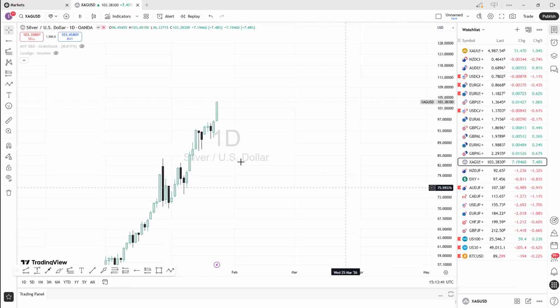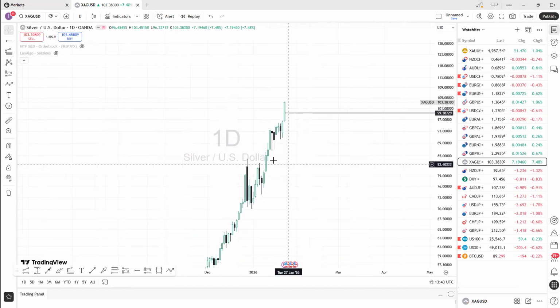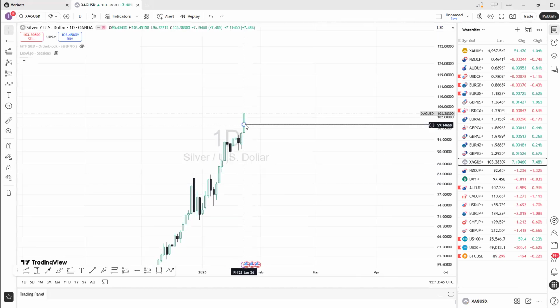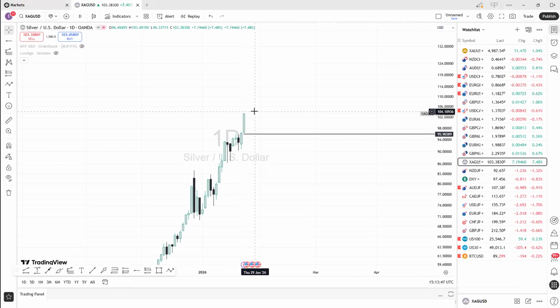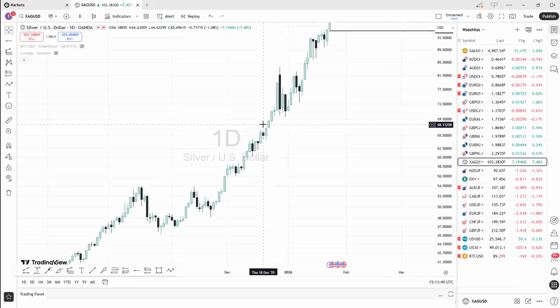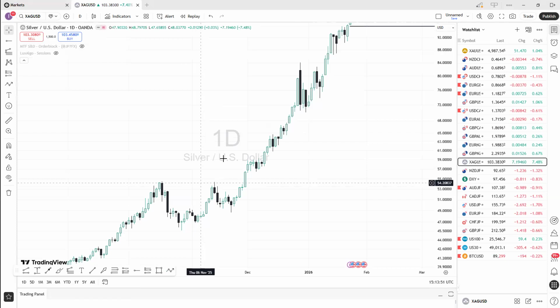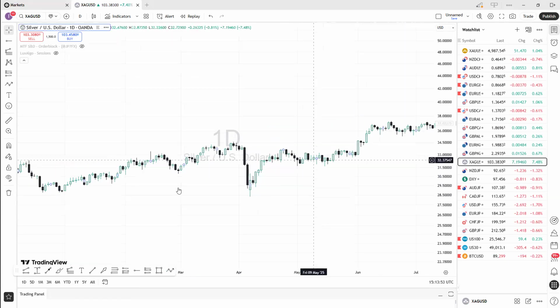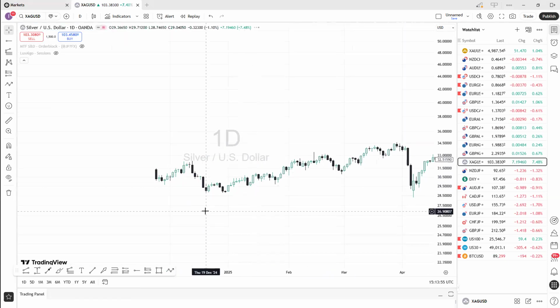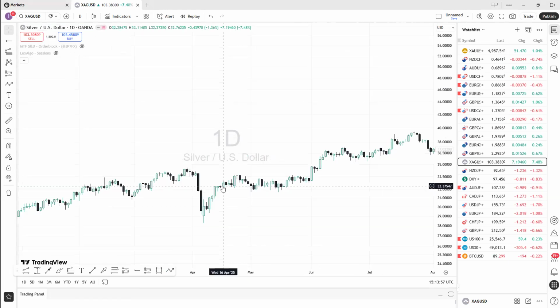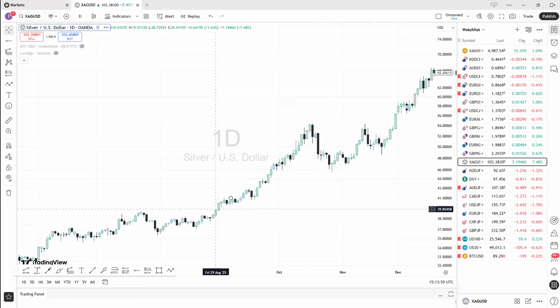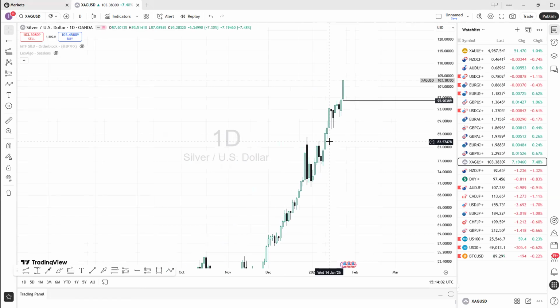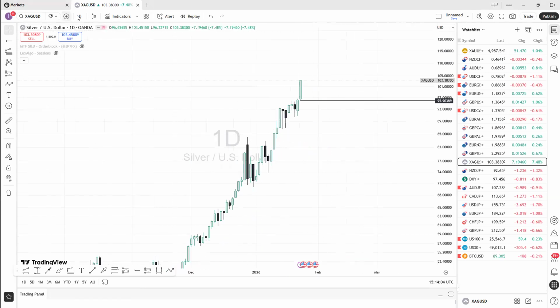Silver also, on the daily time frame, daily closed bullish, a very, very strong, aggressive bullish move. Silver is very, very strong since it was introduced.